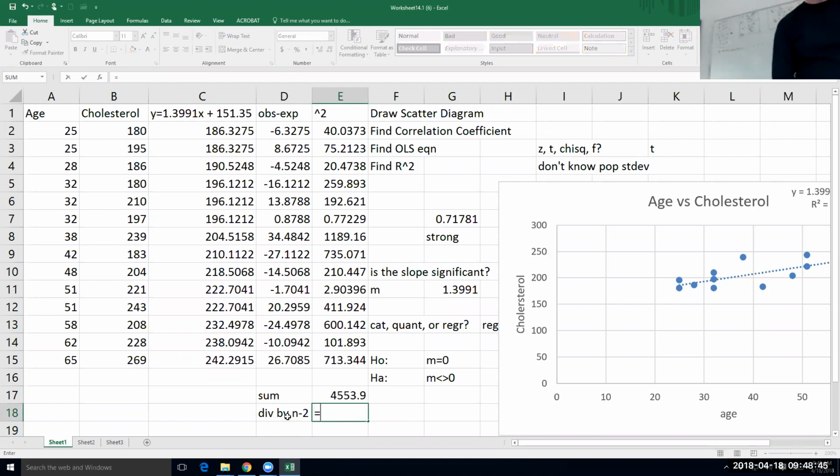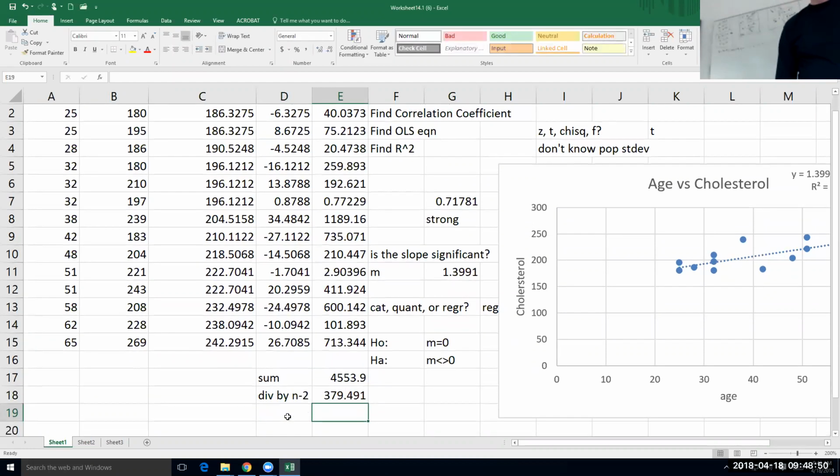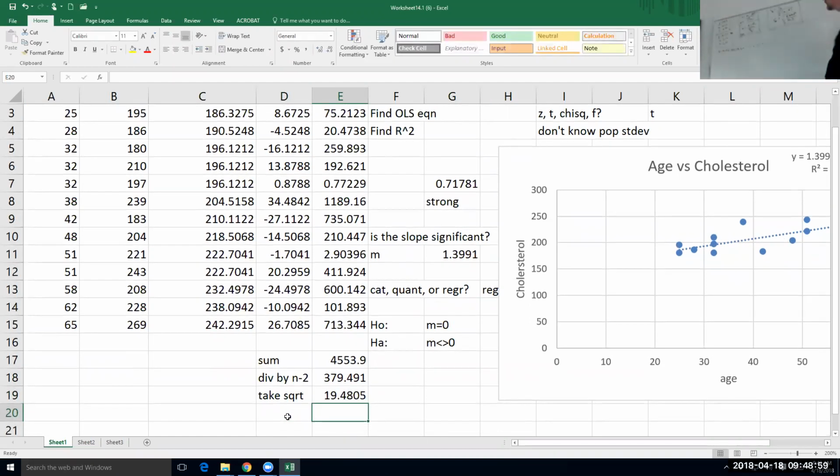It's 14, so I'm going to divide by 12, which gives me that, and then take the square root, and I get 19.48. So my S sub E in this case equals 19.48. Okay? So it's all coming back. Was our n 14? n was 14. All right, so that's the big review.